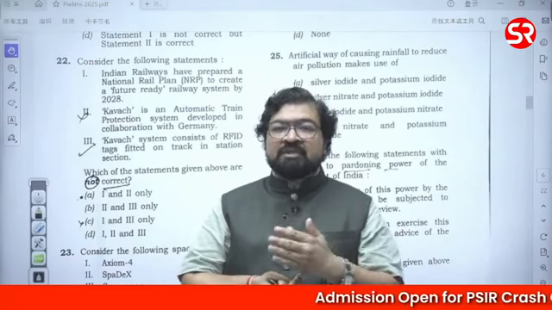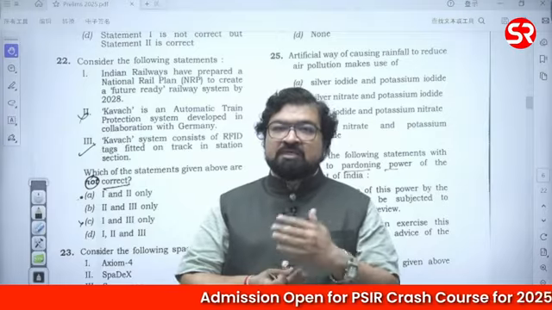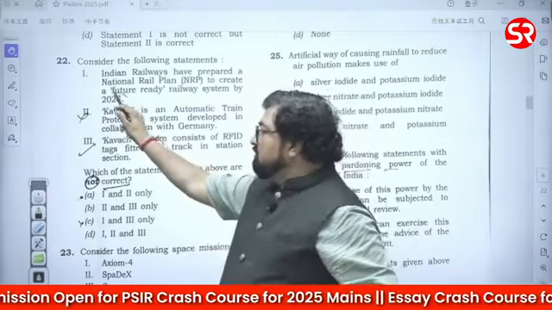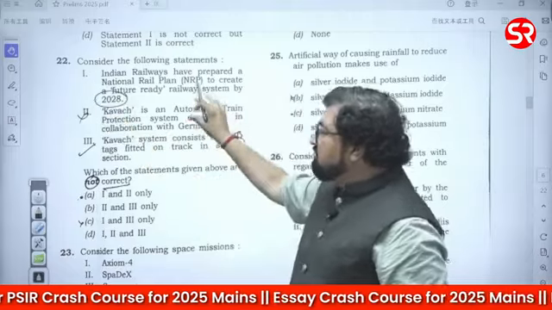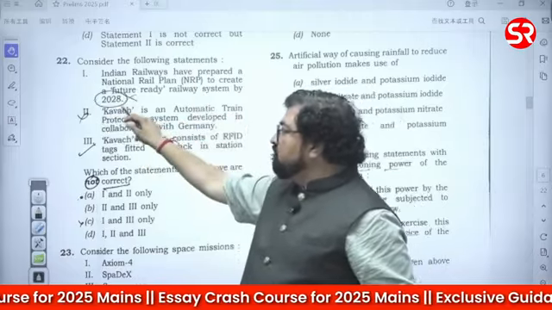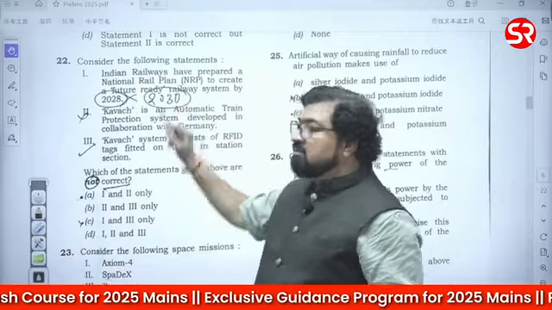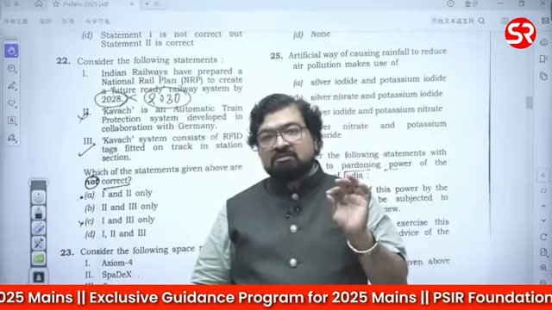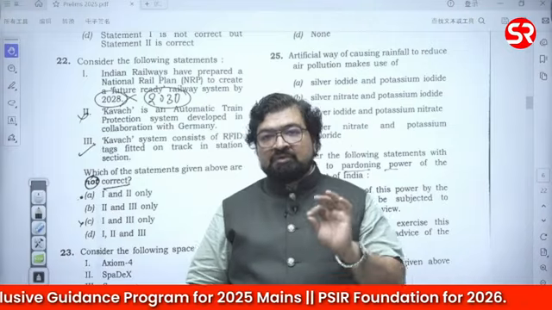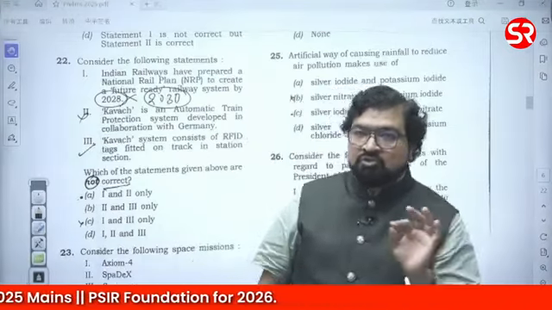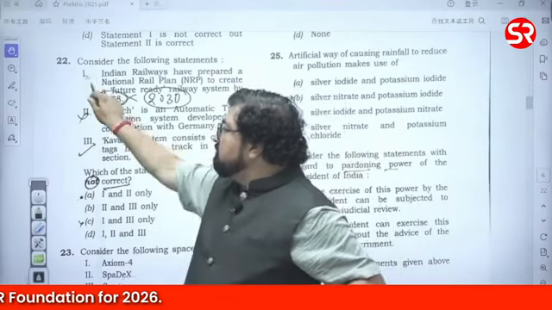Even now, Hyperloop technology development by IIT Madras was also in the news. So if you look at here, the statement is correct. Only wrong thing is 2028. It is wrong. It is basically 2030. That means UPSC has asked in this question whether you know the year. That means a fact. So 2030. So that's why it is wrong.